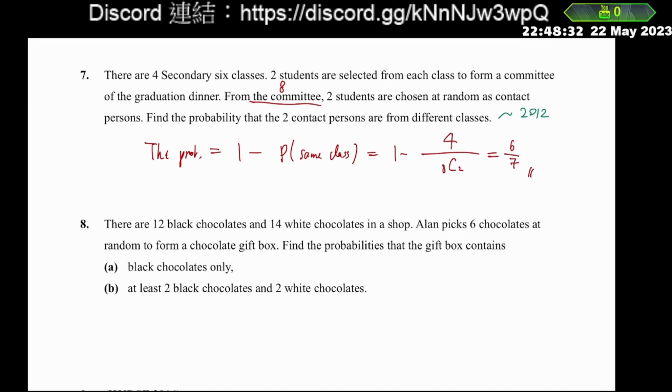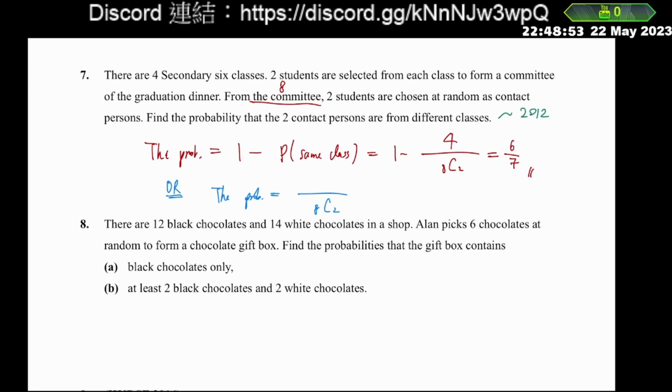Of course, if you want to choose the different classes directly, we can do it. Let's try another way. If we want to find the probability directly, without using the inverse method, then again it will be 8C2 for the denominator. For the numerator, we first choose which two classes.